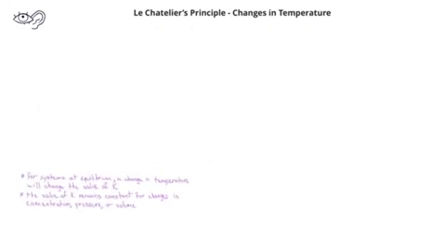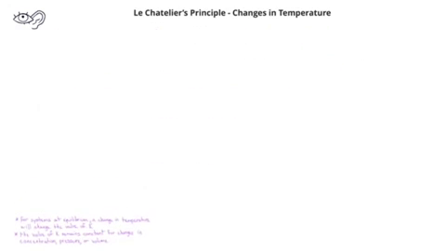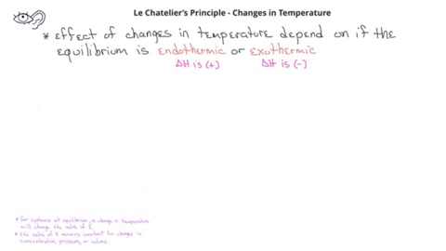When we change the temperature of a system at equilibrium, the effect of the temperature depends on if the reaction is endothermic or exothermic. When we have an endothermic reaction, that means heat is added to the system. In other words, we could treat the heat as if it were a reactant.